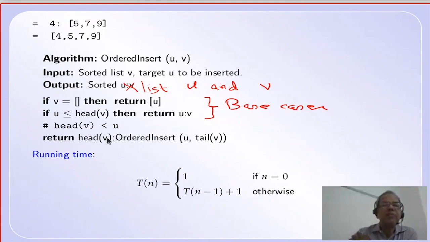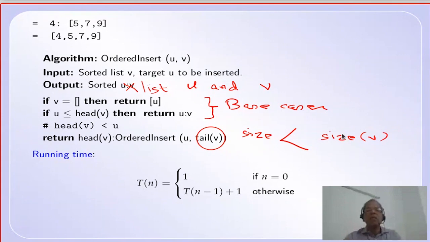Therefore, it should be prepended. What is the recursive call? Ordered insert. The inputs are U comma V; here the inputs are U comma tail of V. And look at that, the size of tail of V is strictly smaller than the size of V, one less than that.